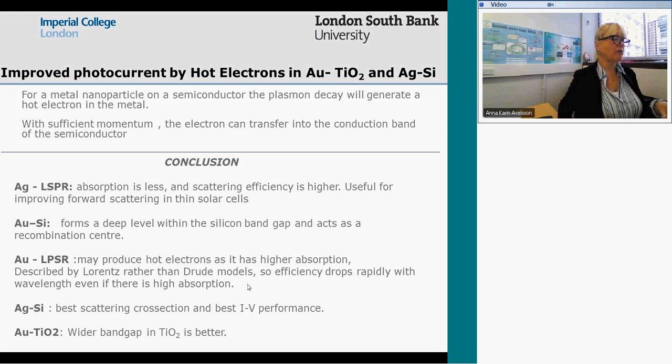And then wide bandgap semiconductors such as TiO2 could be used if we want to utilize hot electron transfer. The whole idea of this research is to understand mechanisms across an interface, mechanisms of energy and electron transfer, so we can improve different plasmonic technologies such as solar photocatalysis or photovoltaics. Thank you for your attention.